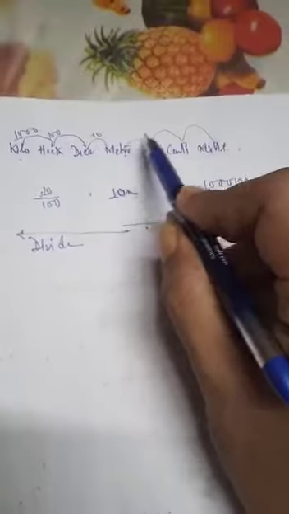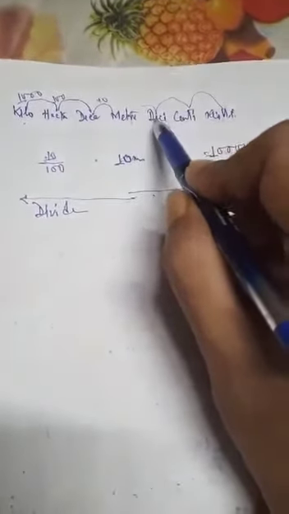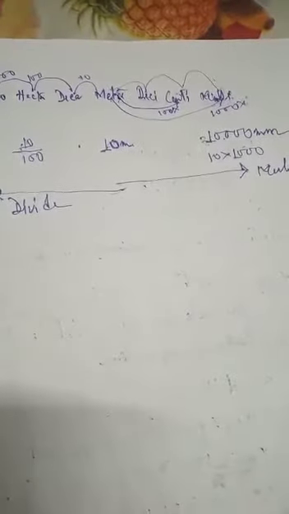When we go to the right side, if we want to come to decimeter or deciliter or decigram, then we multiply by 10. Centi, multiply by 100. Milli, multiply by 1000. When you go to millimeter or milligram or milliliter from meter, you multiply by 1000.